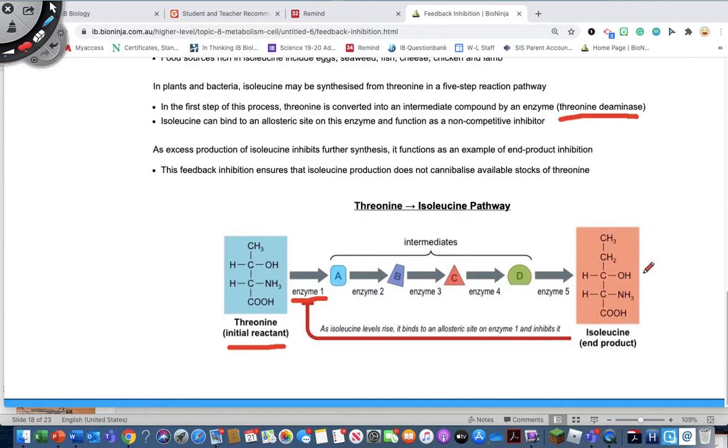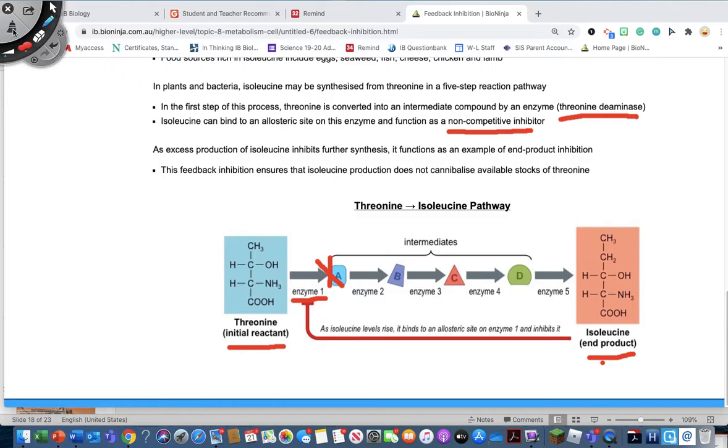Isoleucine as the end product will inhibit the enzyme. It's going to bind to that enzyme's allosteric site. Then the conformational shape of the enzyme changes, meaning the active site changes. So the reaction is not going to be able to continue. Isoleucine in this case is again acting like a non-competitive inhibitor.